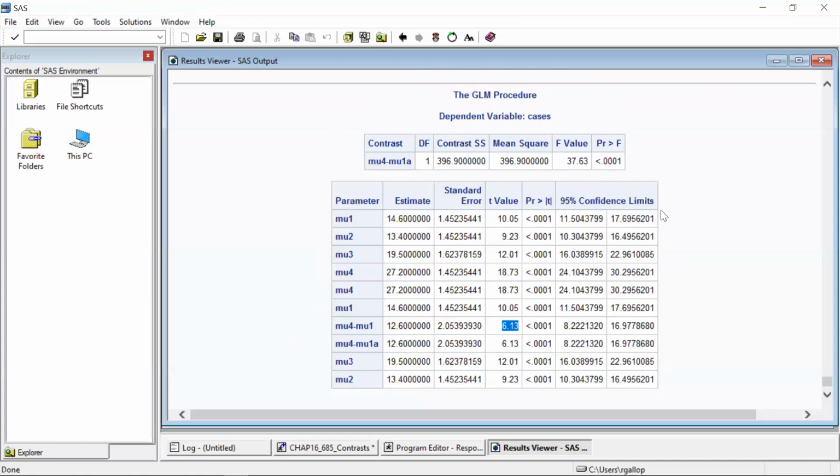And in fact, remember the T is the estimate divided by the standard error. So if I use 12.6 divided by, I use all those decimals, 2.053930, and I square that, so that gives me 6.134553246 if I'm going crazy with the decimals, and I square that, that gives me 37.63.